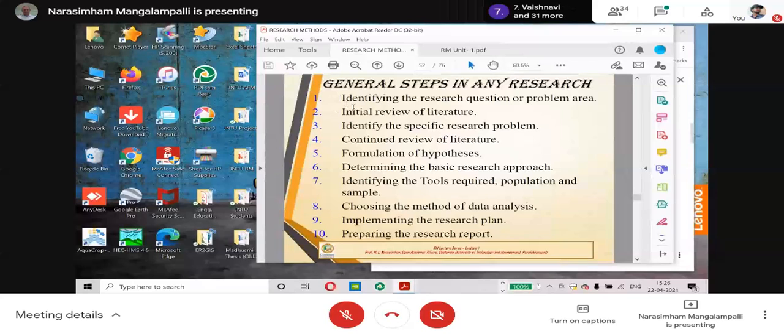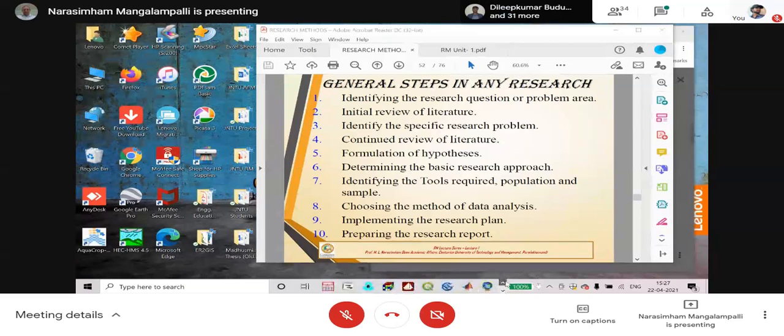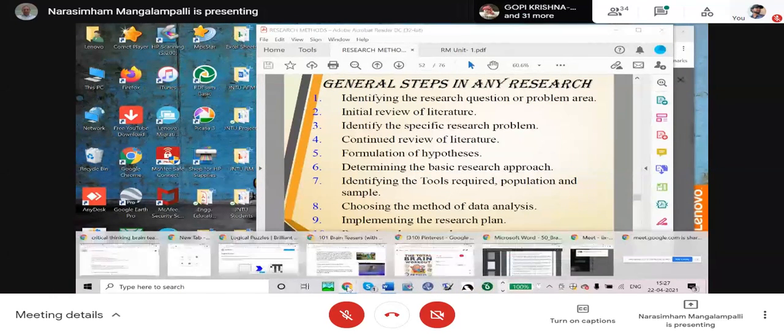See, here the literature review is done twice. First time, to get a knowledge, get an information about the quantum of work that is done and to define your scope. Scope of the problem.